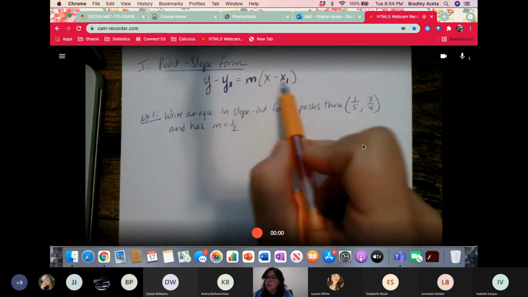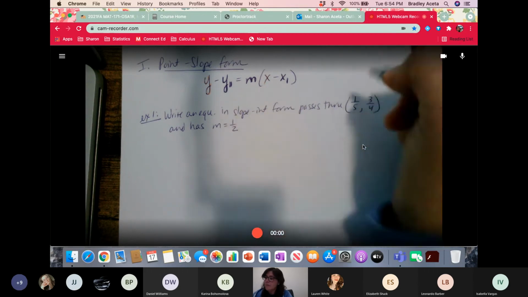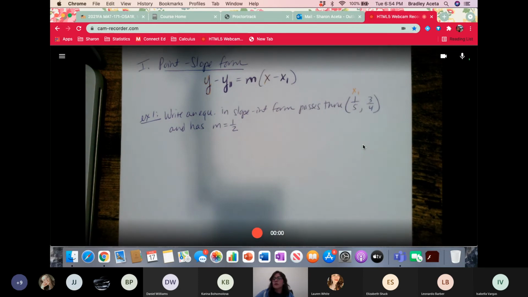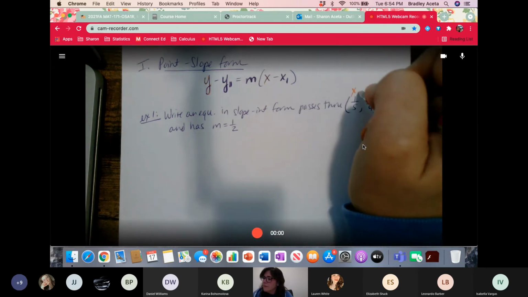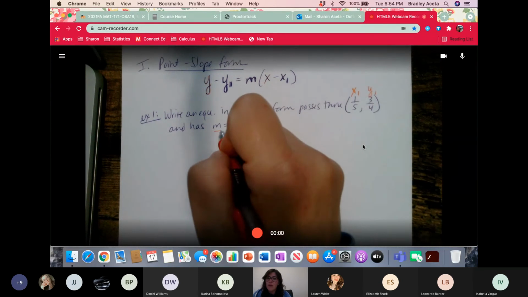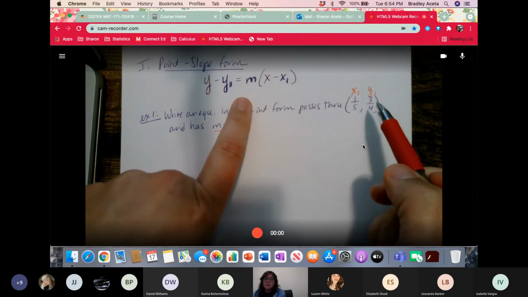Those are the numbers you're going to plug into x1, y1, and m. This is your x1. I'm using the really, really orange one. This is your y1, and this is your m. And even though it says slope intercept form, you're still going to start right here.